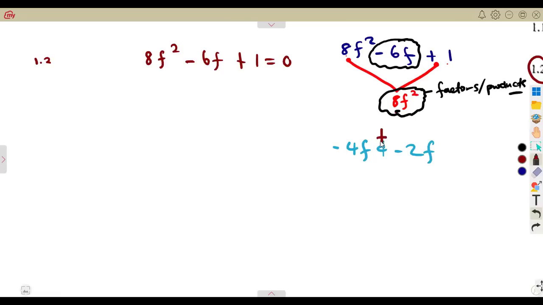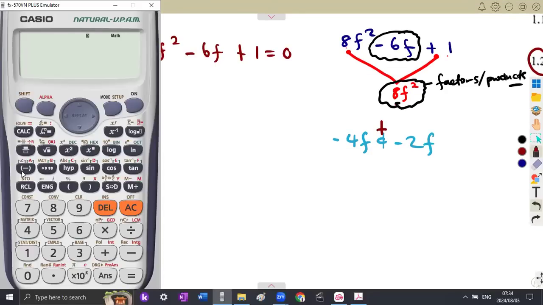If we add, because we need this middle term, if you add these factors, they must give you this. So let's add -4 plus -2, that's a -6. On your calculator, you can simply add that. That is going to give us a -6, meaning to say we have got -4 plus a -2.